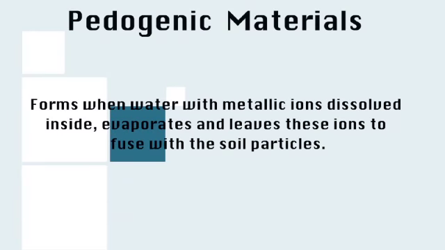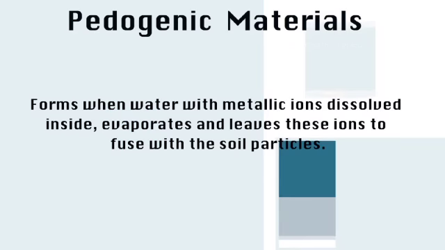There are other forms of soil which are known as pedogenic soils, where water with metallic ions dissolved eventually evaporates, leaving these metallic ions to fuse into the soil particles and cause them to form a rock.